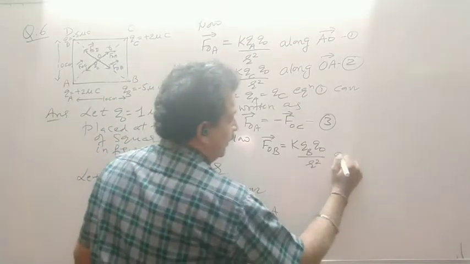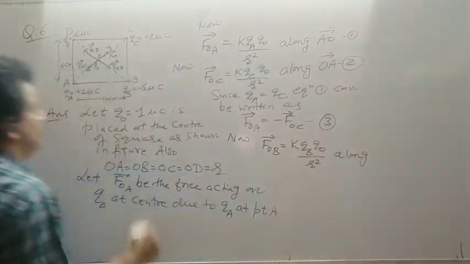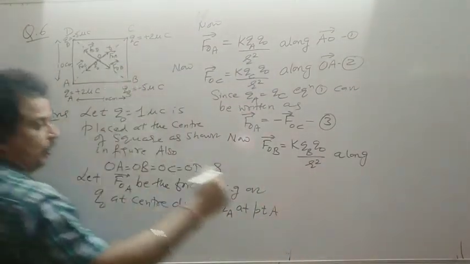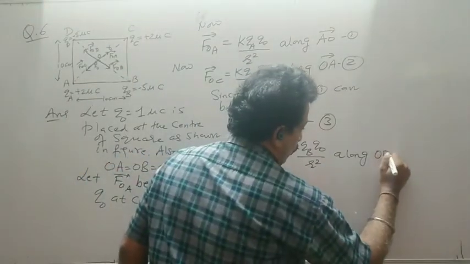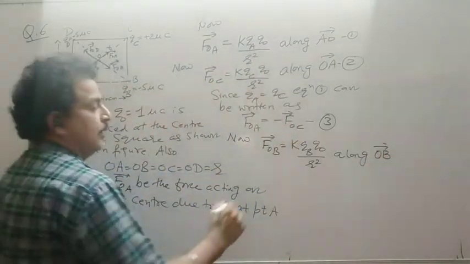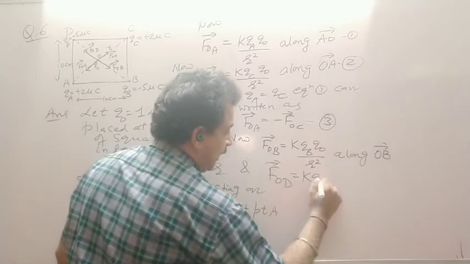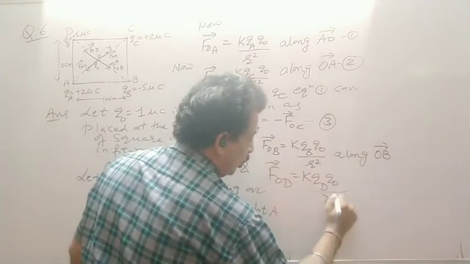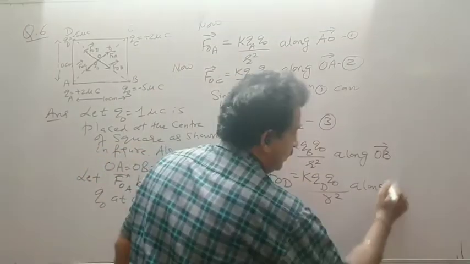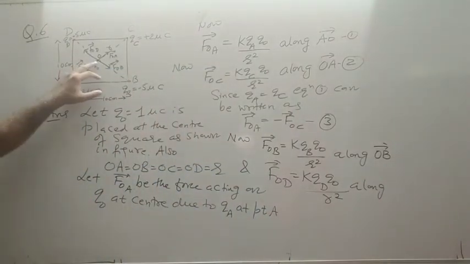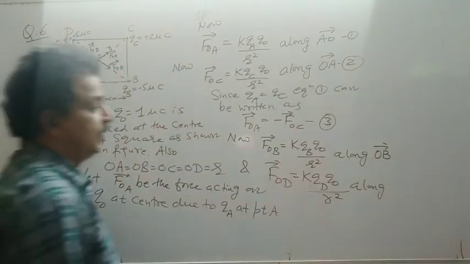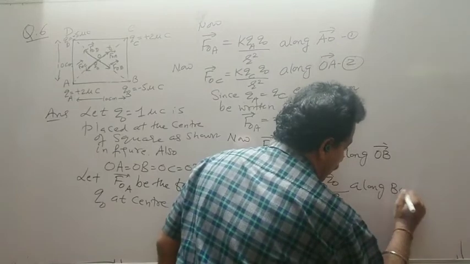Now this is the force of attraction, so it is along O to B, and F naught D is equal to K Q_D Q naught upon R square, again this center charge will be attracted towards D, so along BO.